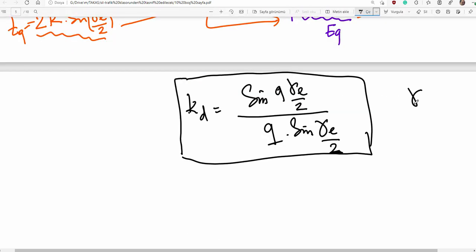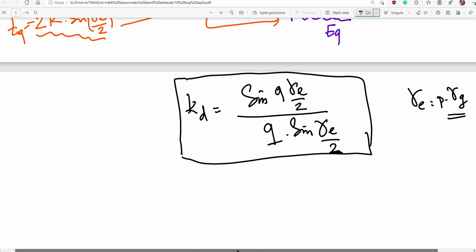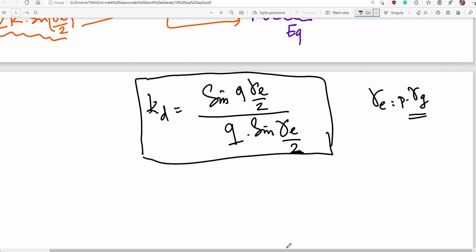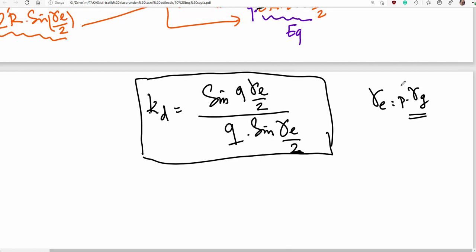Here are some angles, which is P times gamma geometrical. In harmonic theory or Fourier, in Fourier manner, all the angles will be enlarged by the harmonic order, nth harmonic.